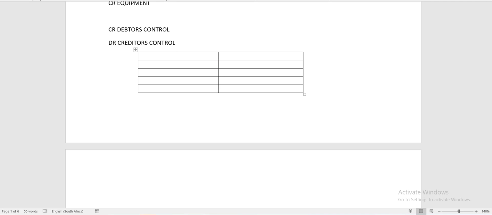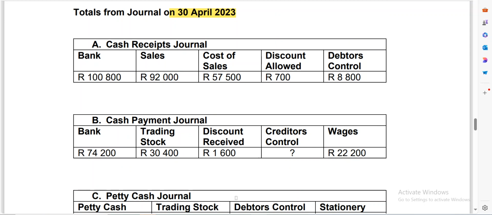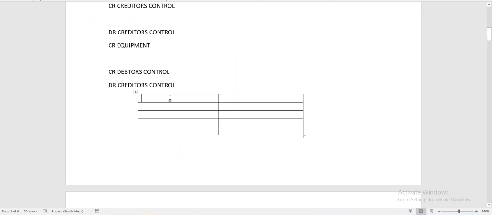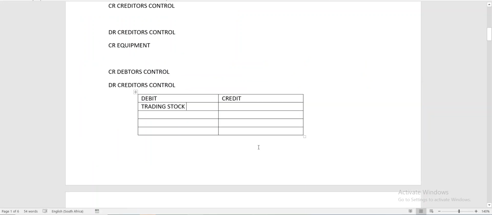So let's check here. What is debited? If you look at this, bank and trading stock have a debit balance. I'll say this side debit, this side credit. So my trading stock, according to this, the amount is 30,400, right?